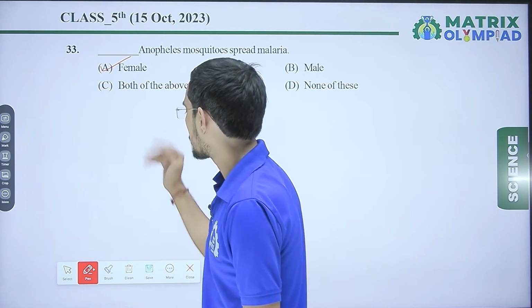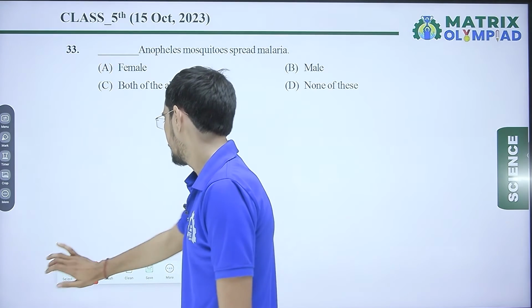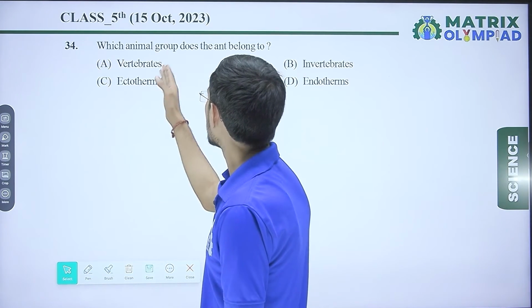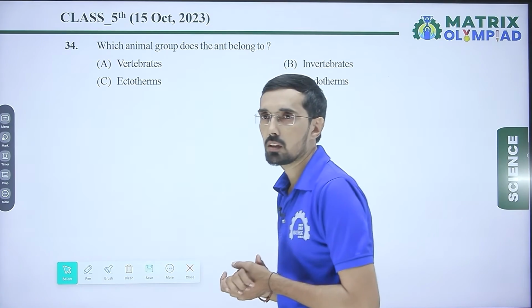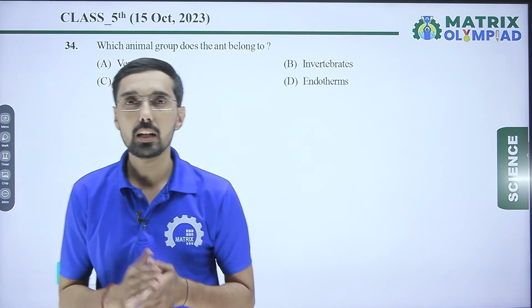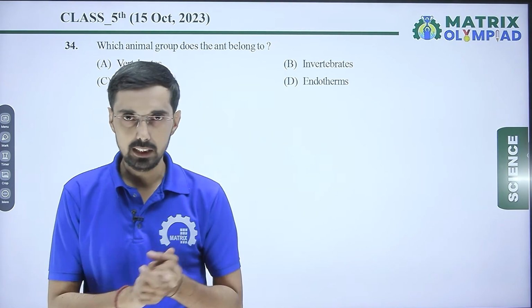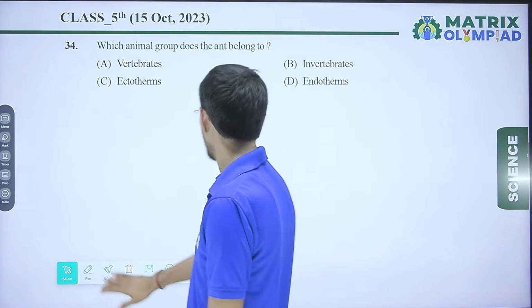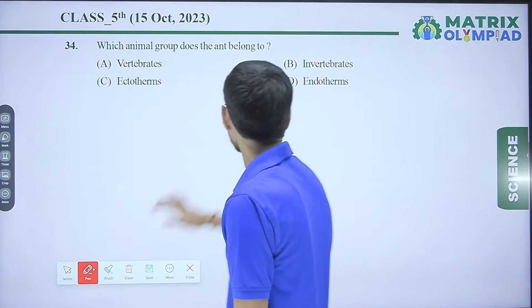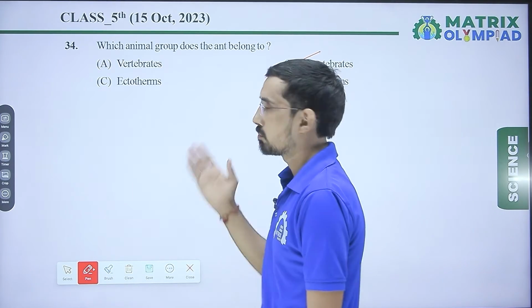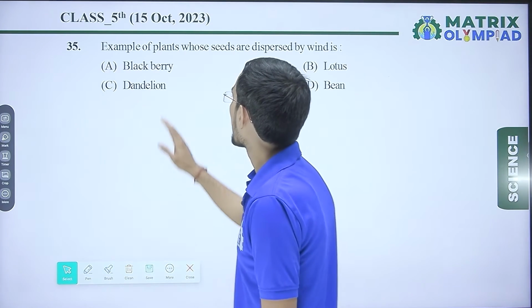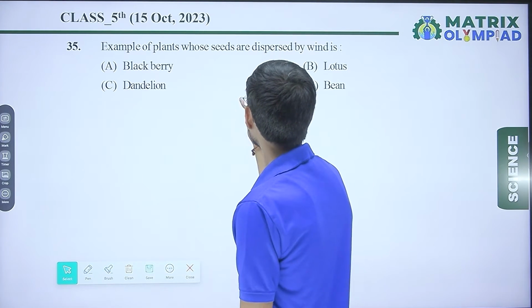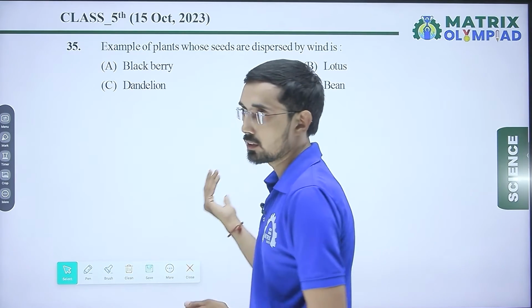Move to our next question. Which animal group does the ant belong? Ant belong to the phylum Arthropoda, and Arthropoda are the invertebrates. So our correct answer will be option B. Now our next question is, example of plants whose seeds are dispersed by wind.